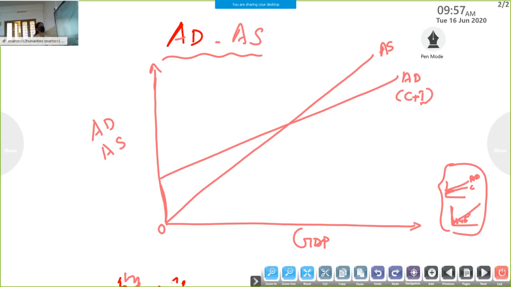Consumption expenditure and investment expenditure. Like this, here also you can write, instead of AS you can write C plus S. Till here you understood? So we are doing the ADAS approach graphically.